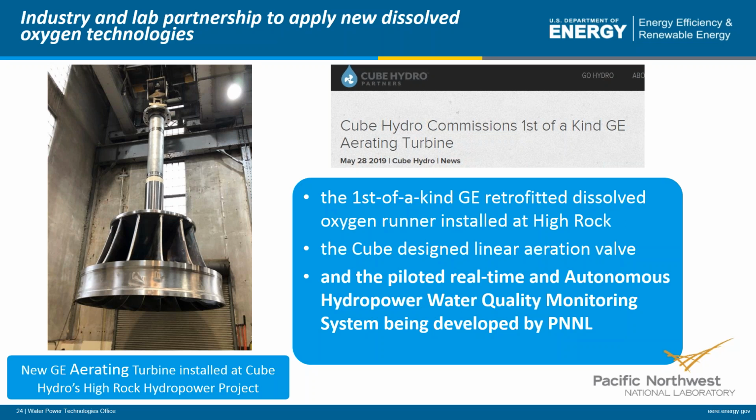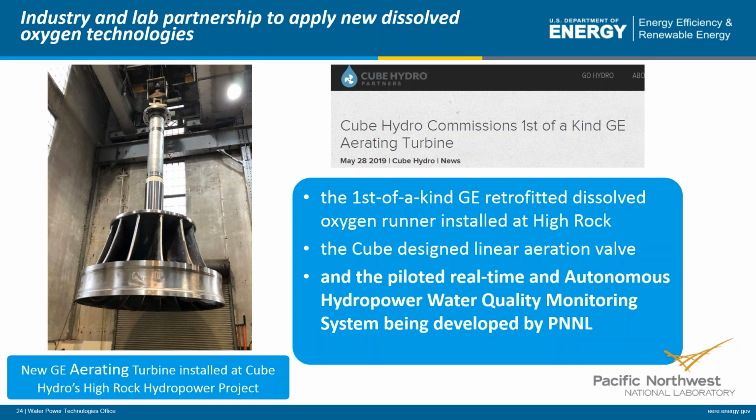So we have partnered with not only General Electric, but Cube Hydropower Project, their High Rock project, to do a joint research project using our robotic water quality monitoring system in conjunction with the operation of GE's new dissolved oxygen injection runner.